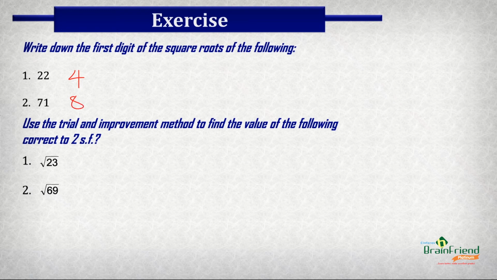The second instruction says use the trial and improvement method to find the value of the following correct to two significant figures. 1, root 23. The answer is 4.8. And for question 2, root 69. The answer is 8.3. If these were your answers, you are correct.